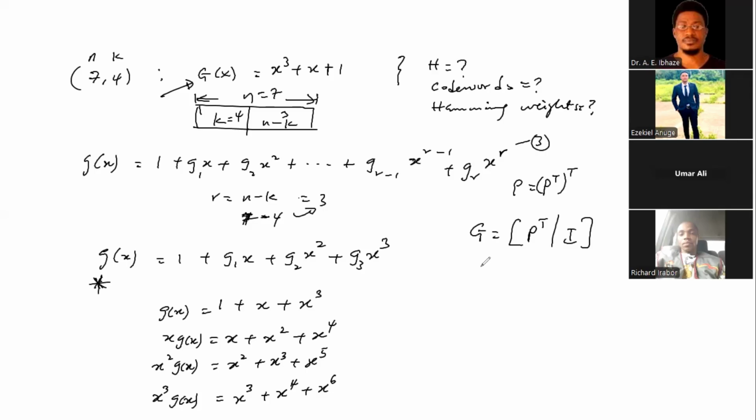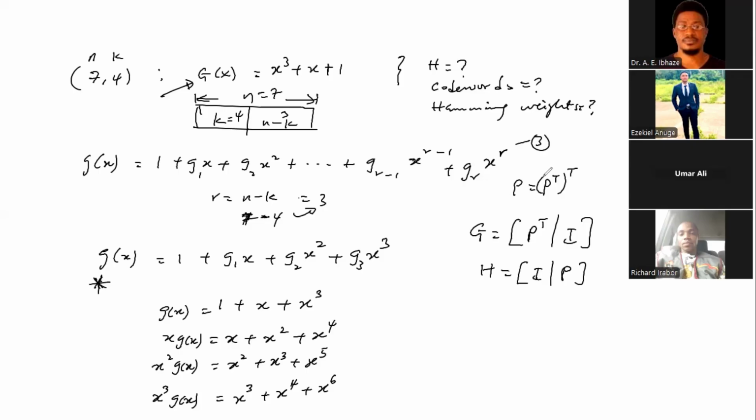So once we get P, then we know that the parity check matrix that we've been asked to investigate will be the identity matrix and the parity, right? And then we can generate the equations to develop our code words, and then we can get the Hamming weights.